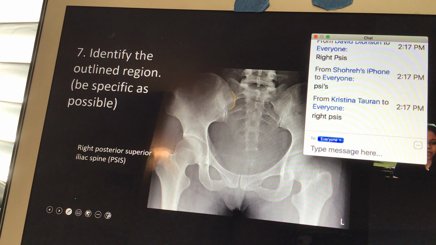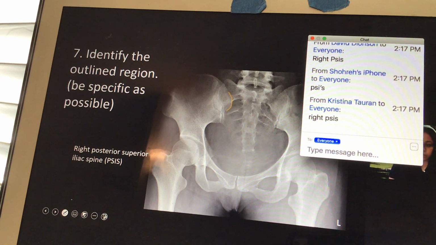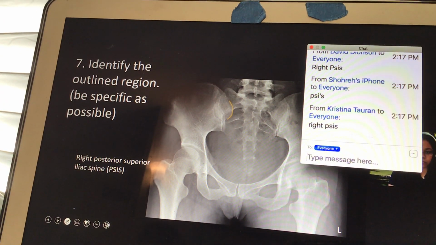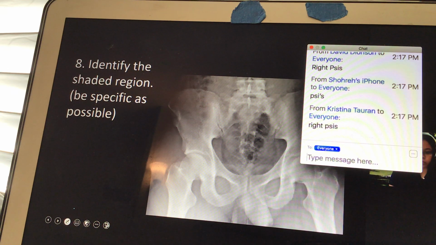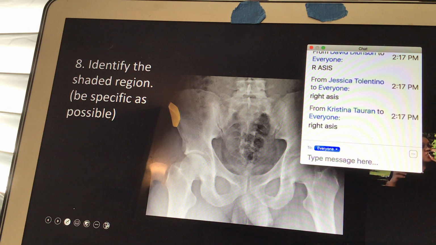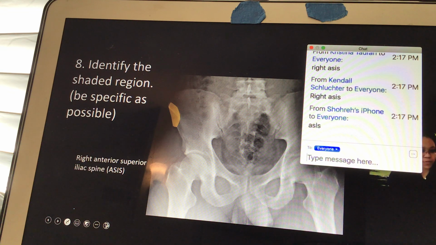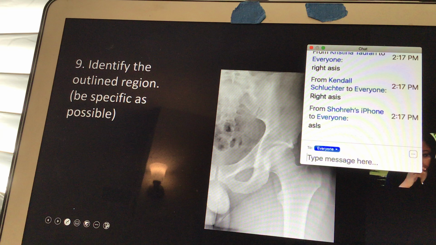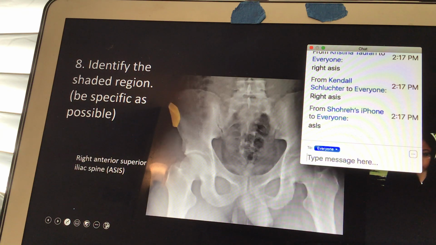Good, our right PSIS, posterior superior iliac spine. Good, our right ASIS. Sorry, right ASIS, good.